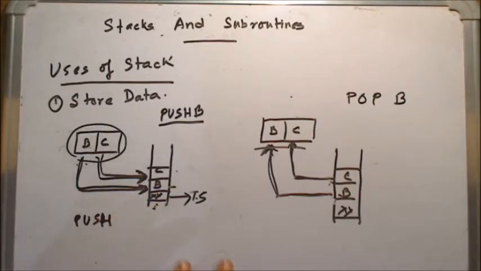If you don't need the data of registers right now, then you can push the data in the stack, and whenever you want to get back the data from the stack, you just do a pop.